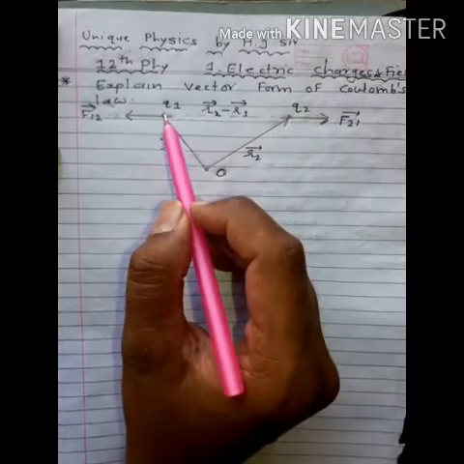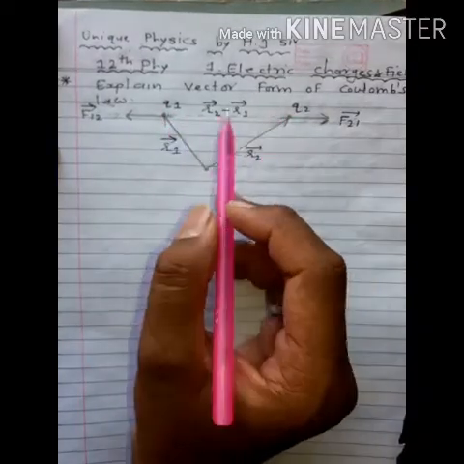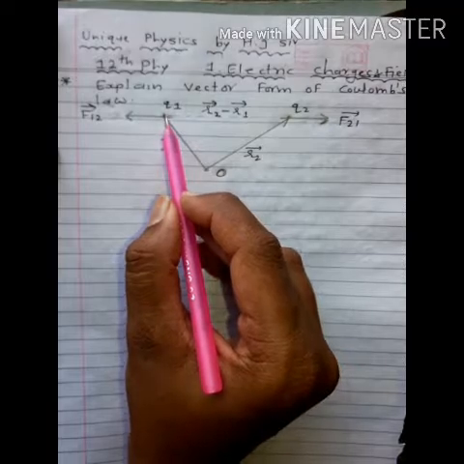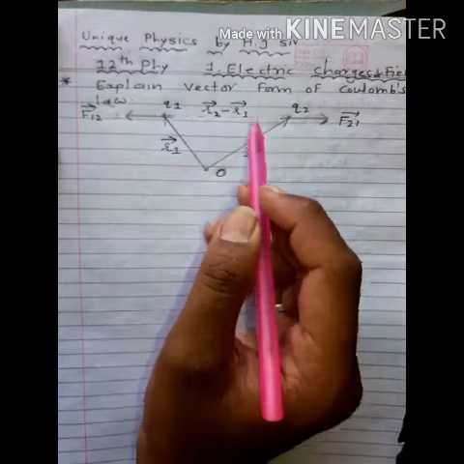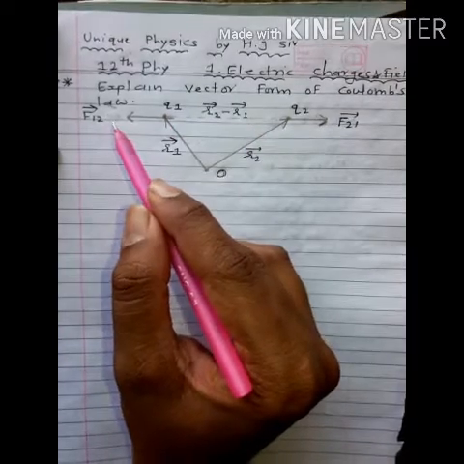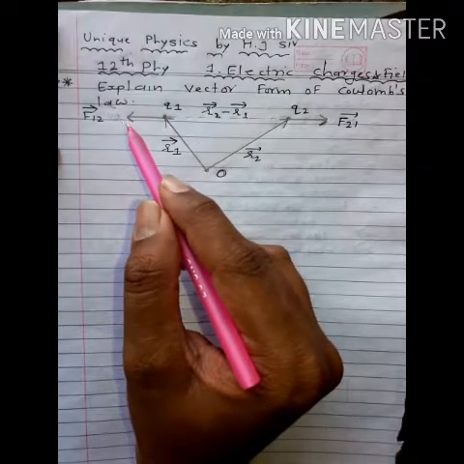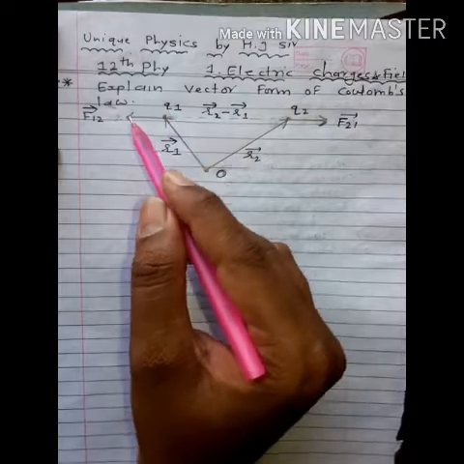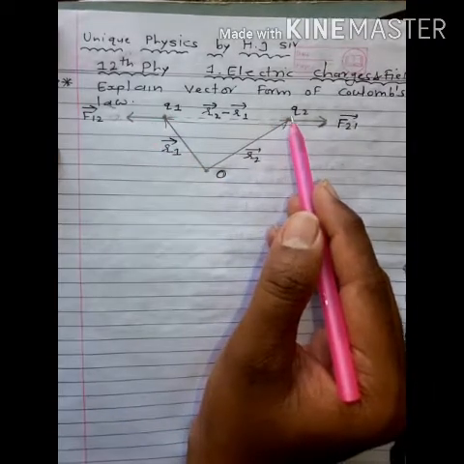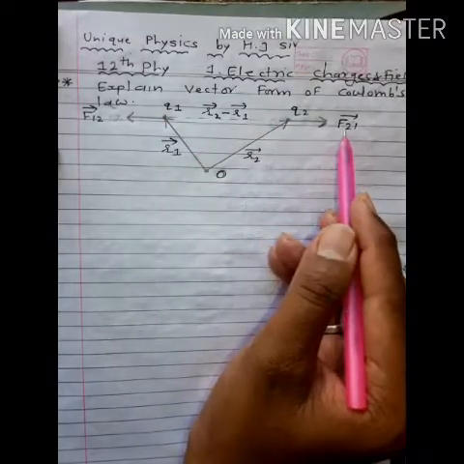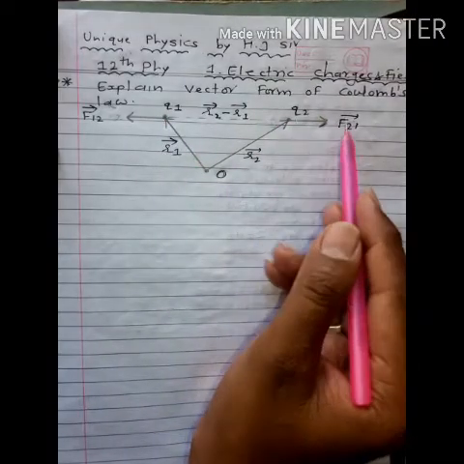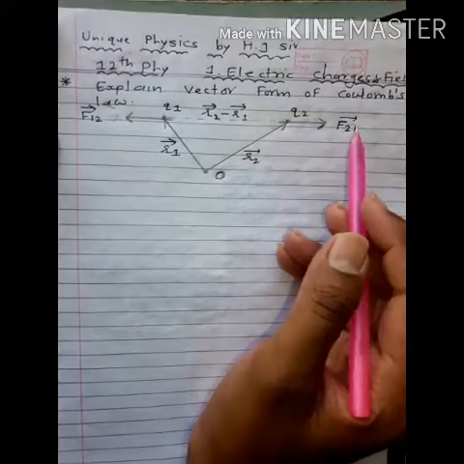So this is q1 charge, this is q2 charge. First of all, we consider the force acting on q1 by q2. Its direction is F12, left side. While the force acting on q2 by q1 is vector F21 and its direction is right side.